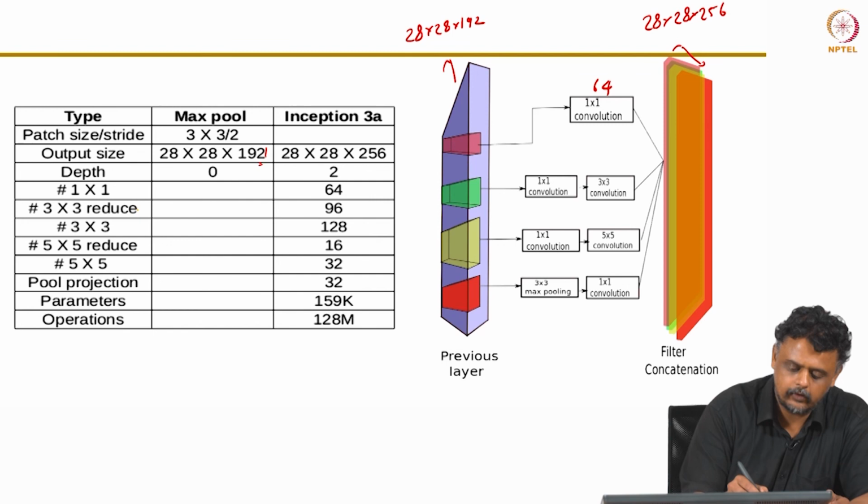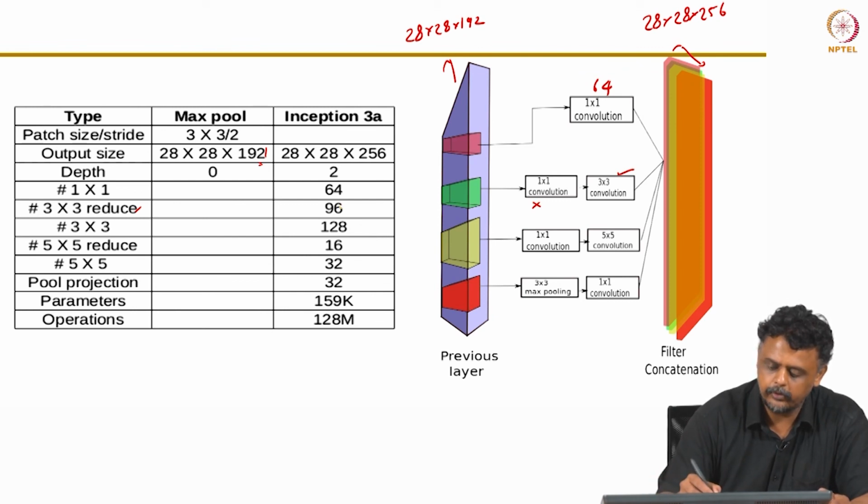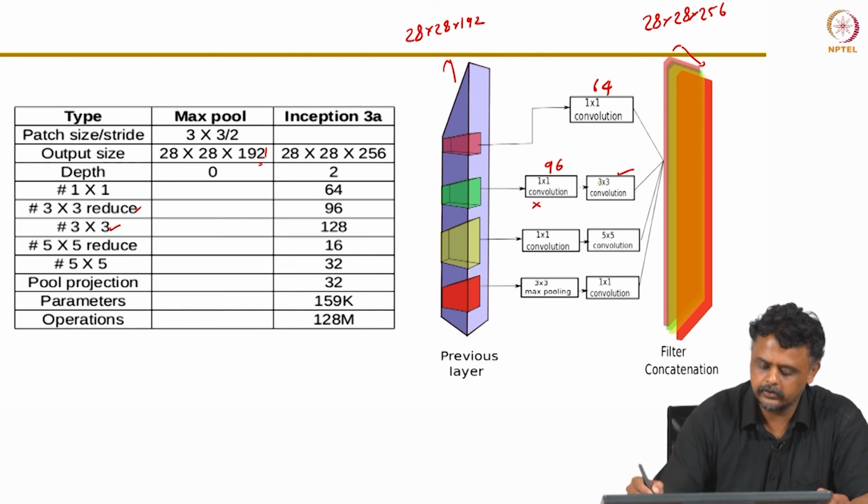It refers to this one right here. The number of feature maps produced as output there is 96, okay. These serve as input to the 3 cross 3 convolution. So, the 3 cross 3 produces an output of 128, okay, which is concatenated there.